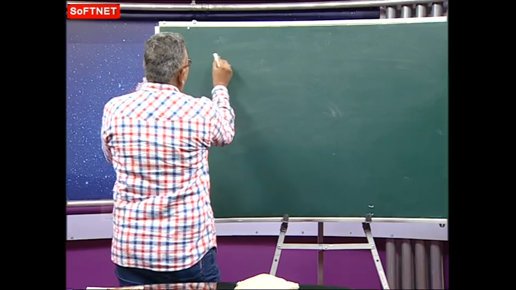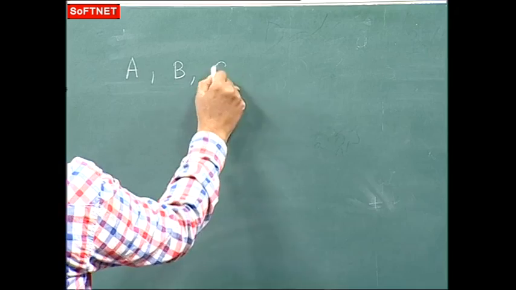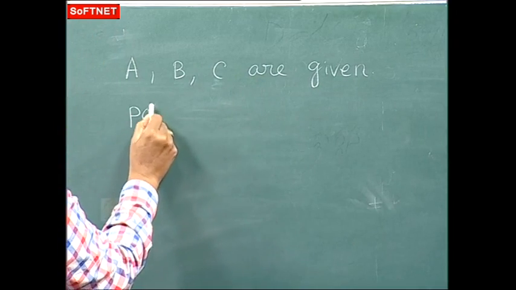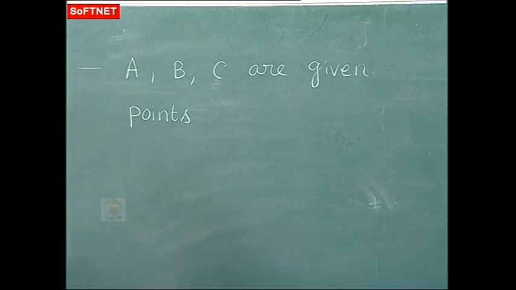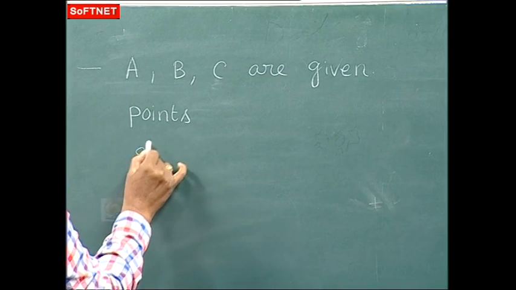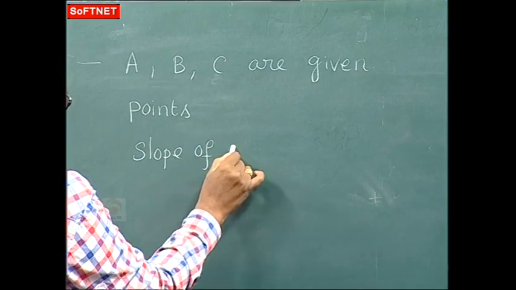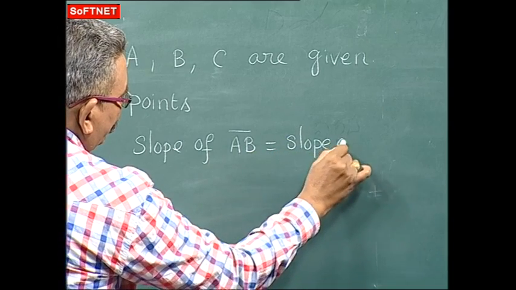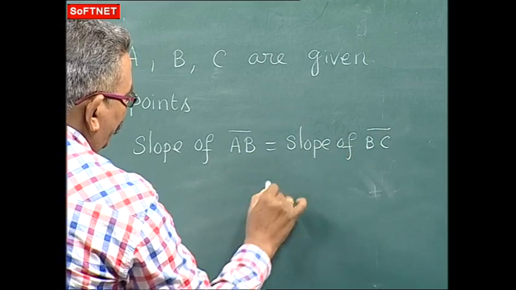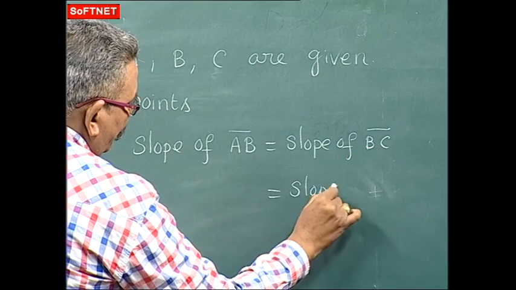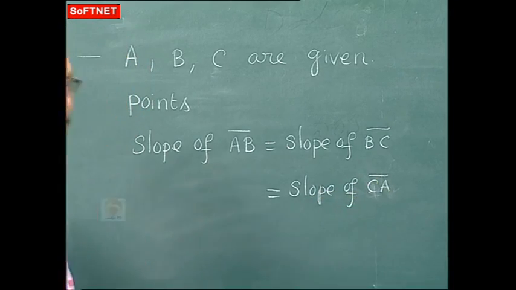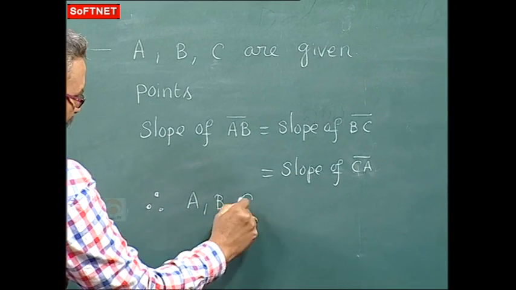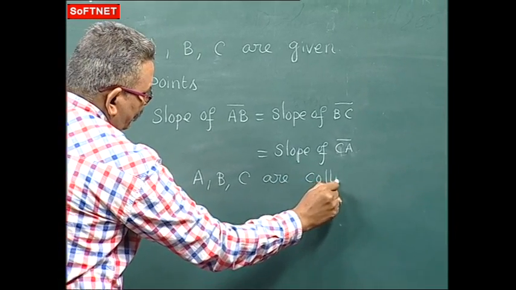For example, if A, B, C are the given points, and the slope of AB equals the slope of BC equals the slope of CA or AC, then A, B, C are collinear.